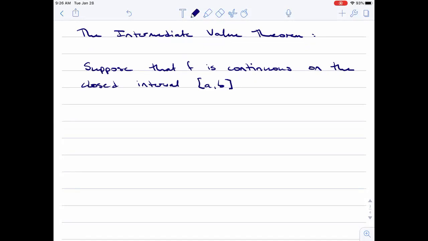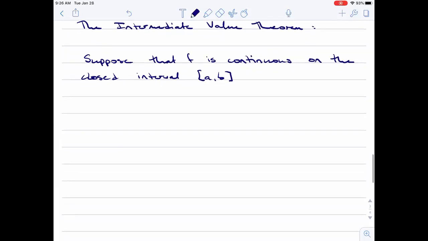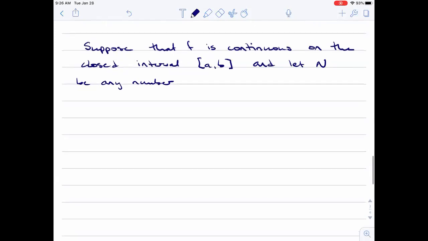So it doesn't have to be continuous everywhere, just continuous on this interval. Okay. And let capital N be any number between f of A and f of B. Where, of course, f of A can't be equal to f of B because then there would be no space in between them, right, for N to be.